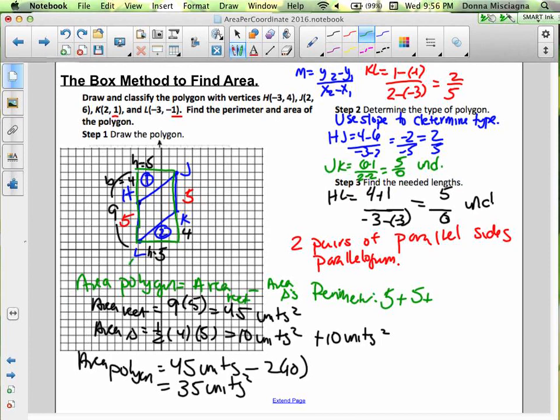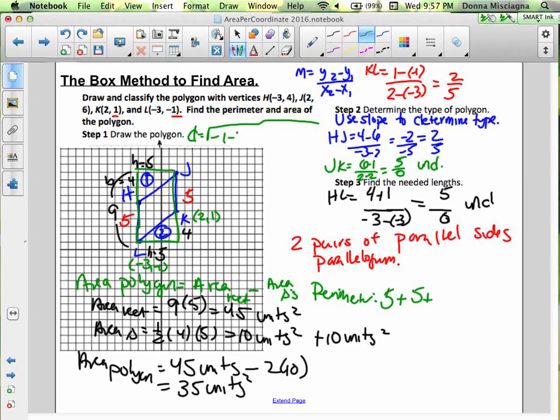All right, so this is -3, -1. And K is at 2, 1. So by the way, because this is a parallelogram, the sides are going to be congruent, but not the area. The length of that is going to be, so let's see, we got -1 minus 1.